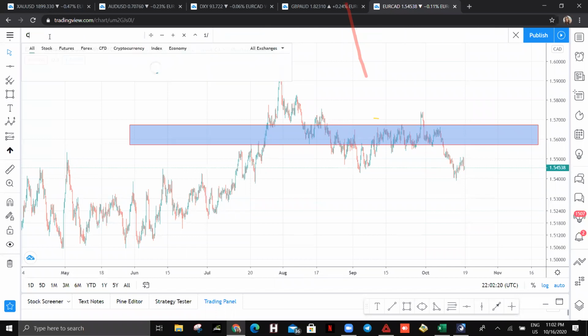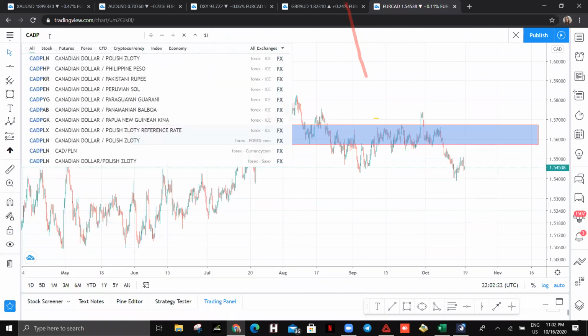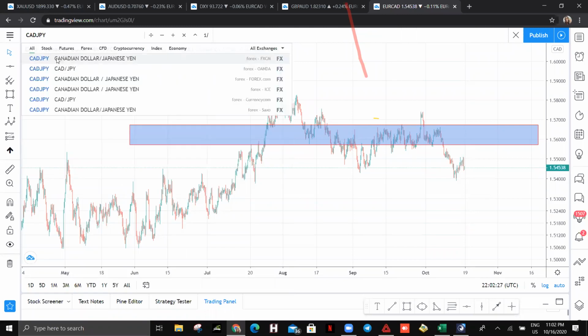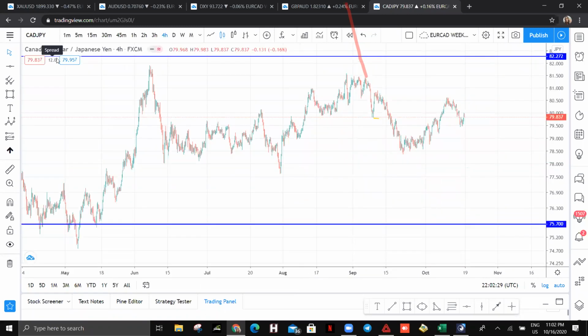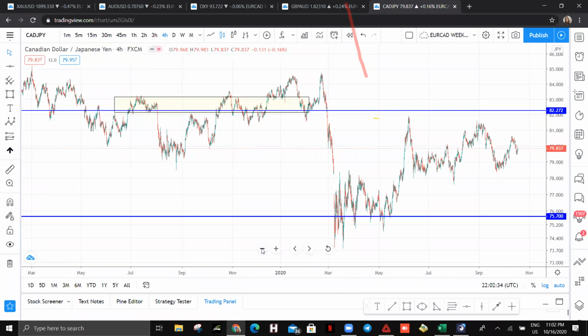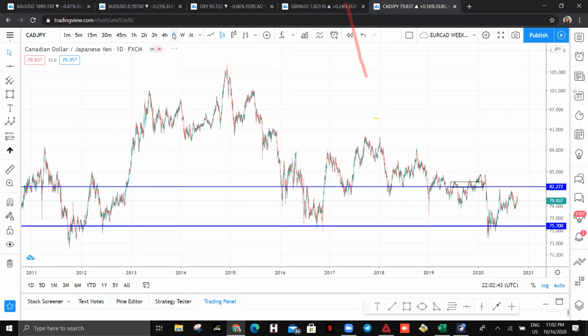CAD JPY. I've analyzed this pair before. That's why I still have it here. Oh, look at my zone. You can see how it respected the zone, came out and all that. I must have analyzed it before.